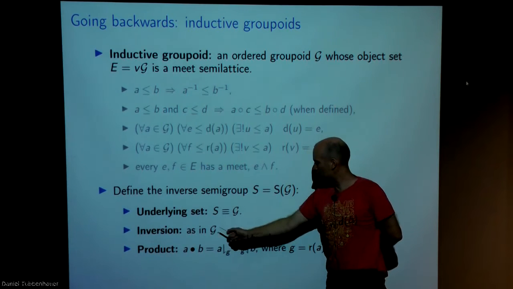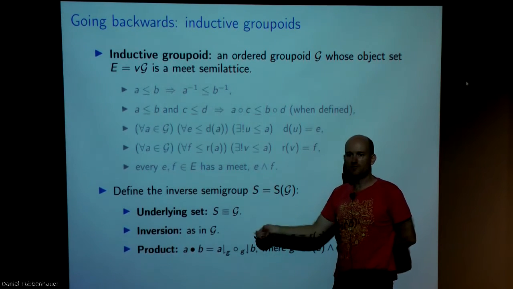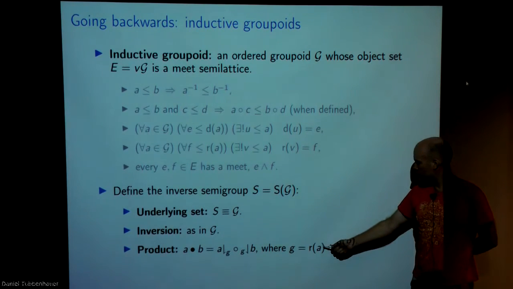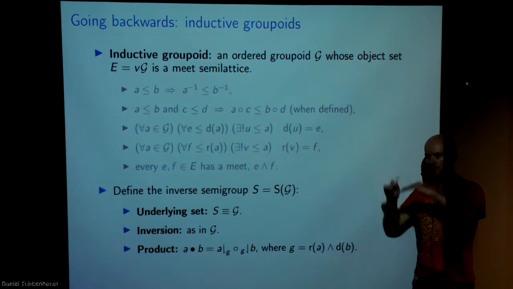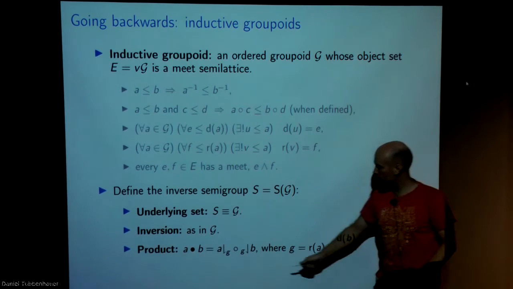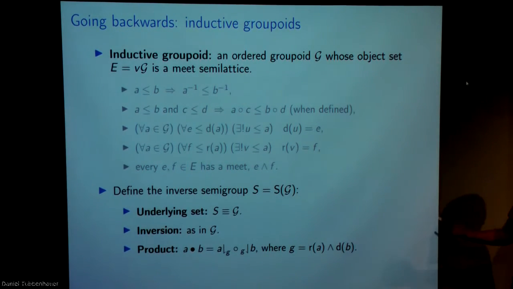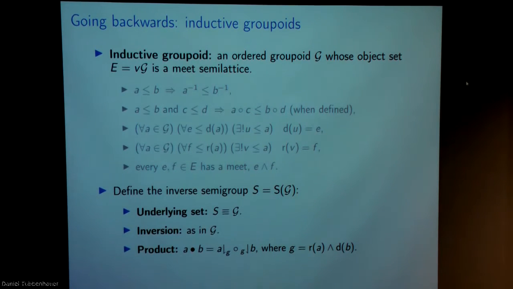So given an arbitrary A and B, which may or may not have a composition in the groupoid, we find the range of A, the domain of B, we go down to the meet, and we restrict each of A and B to this common lower bound, and then we compose the morphisms like this. And you've got to prove that this is an associative product. That's the tricky part.